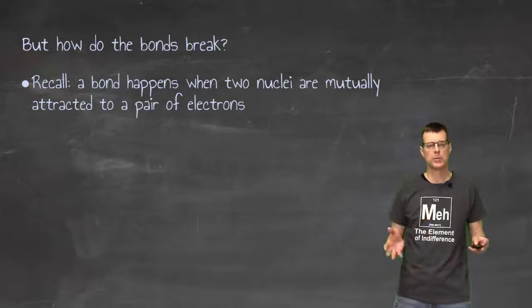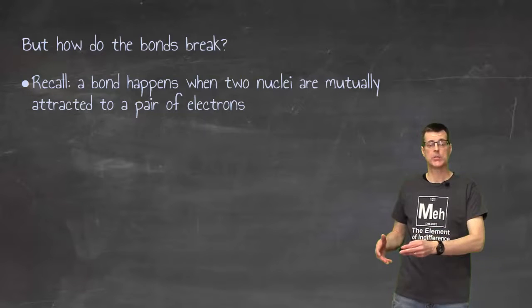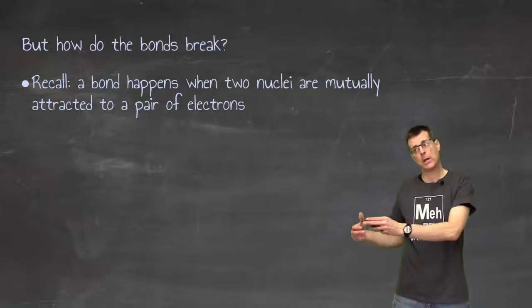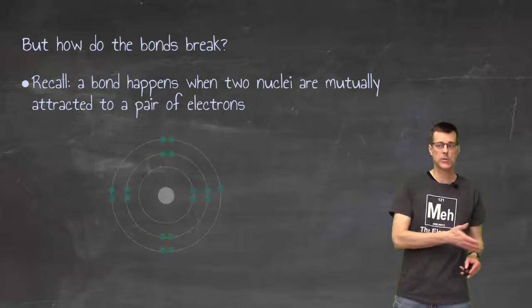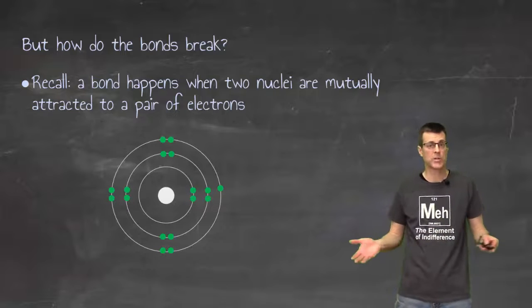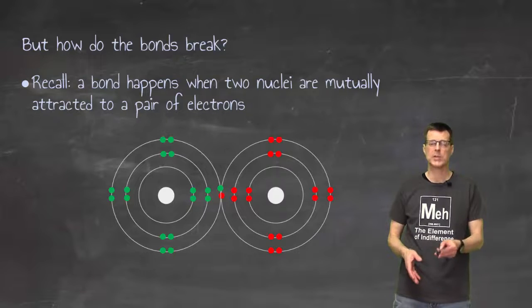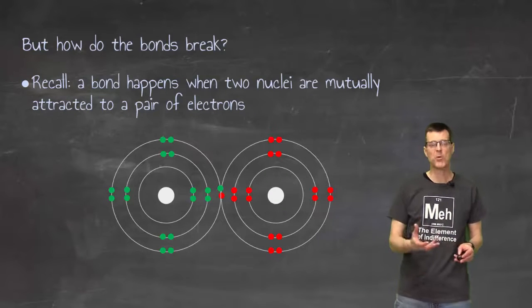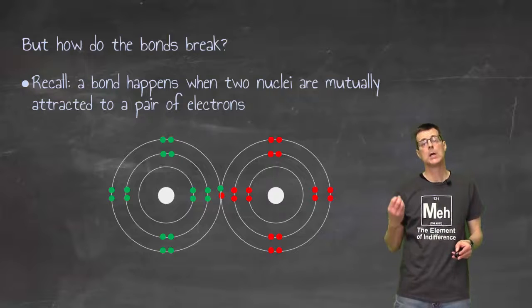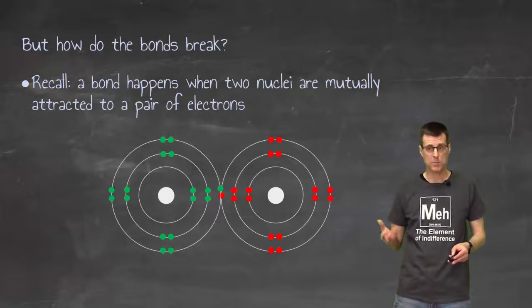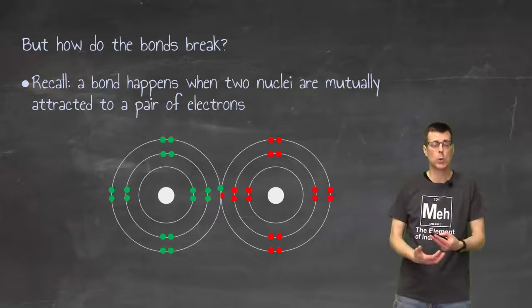The bond is where one atom attracts the electrons of another atom, and that atom attracts the electrons of the first atom. In other words, I've got an atom with its electrons and another atom with its electrons, and they end up sharing those electrons. But in order to share those electrons, both atoms have to be attracted to those shared electrons, so that they are holding on to each other.